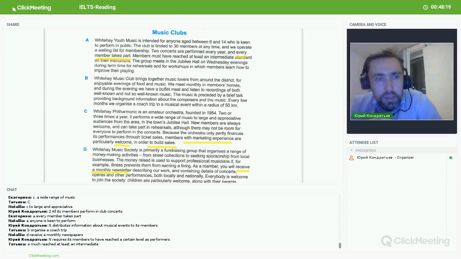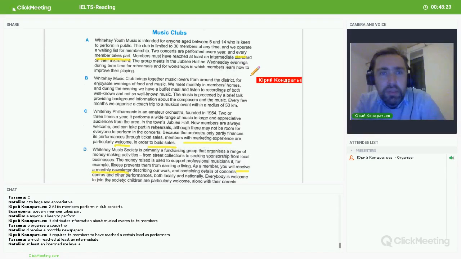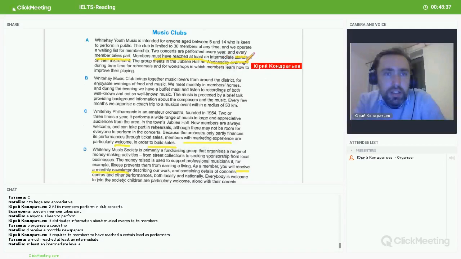Okay, so Tatiana, number A must have reached at least an intermediate standard, right? And Natalia, yes, you're also right. So must have reached. It's the same as must have reached at least intermediate standard of their instrument. Brilliant. So the answer will also be A.